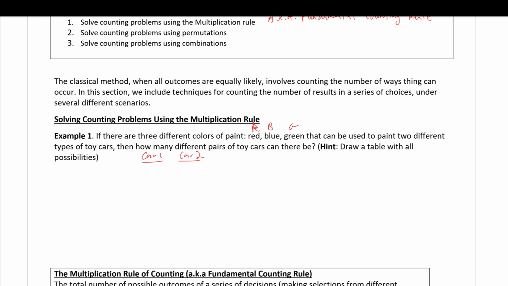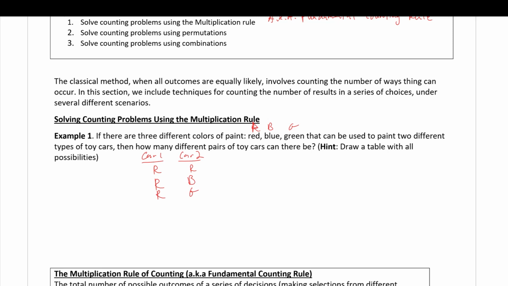All right, so if we paint the first car red, we can also paint the second car red. There was no restrictions. There's nothing that told us that we couldn't do that. And then red with blue, and then red with green, right? Okay, so we've already exhausted the red with all the other combinations of colors for car 2.